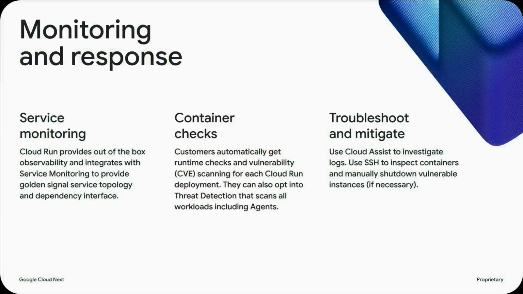When it comes to the last pillar of zero trust, which is monitoring and response, Cloud Run now provides out-of-box observability integrated with service monitoring to provide golden signals and create service topology.